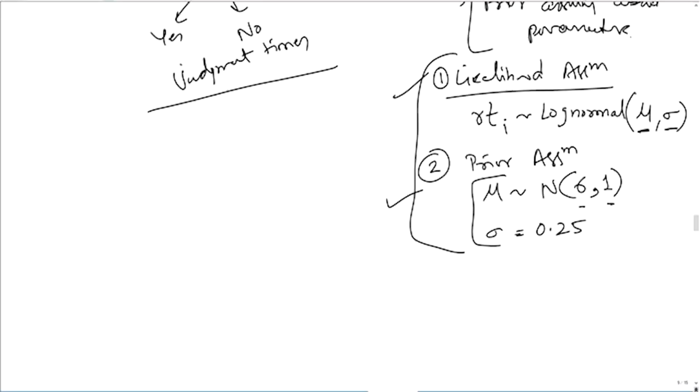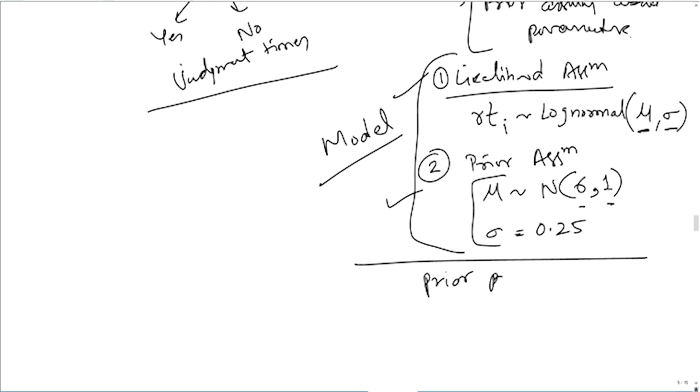You are making predictions about what is going to happen in this experiment given your prior beliefs and prior assumptions. This model is the set of your likelihood assumptions and prior assumptions. Now you can generate prior predictions of the model.